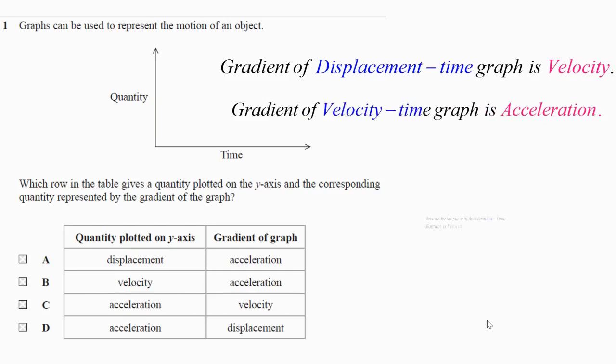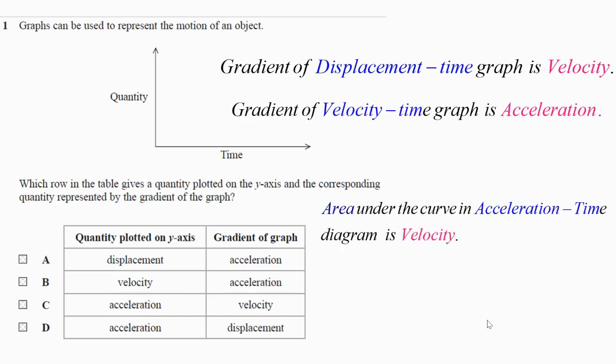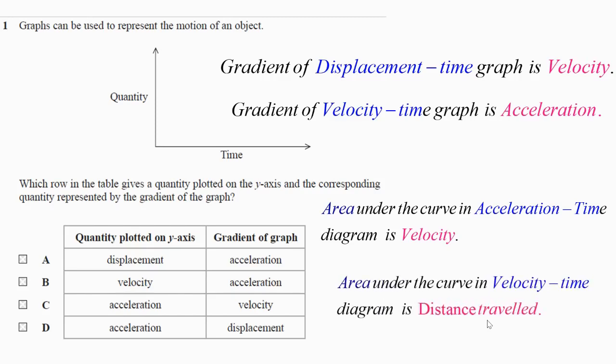Similarly, if we are considering the area under the curve in an acceleration time diagram, we will get the velocity, corresponding average velocity of the motion. Similarly, the area under the curve in a velocity time diagram will give the distance traveled by a body.